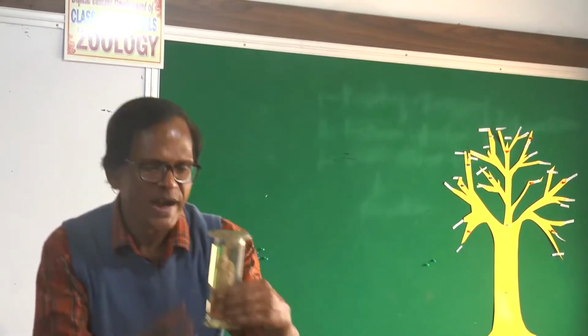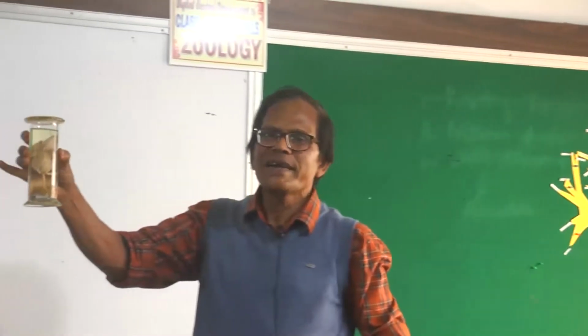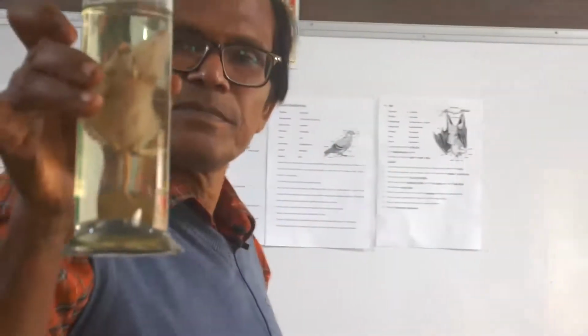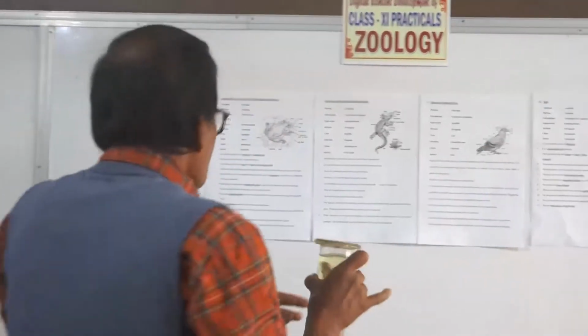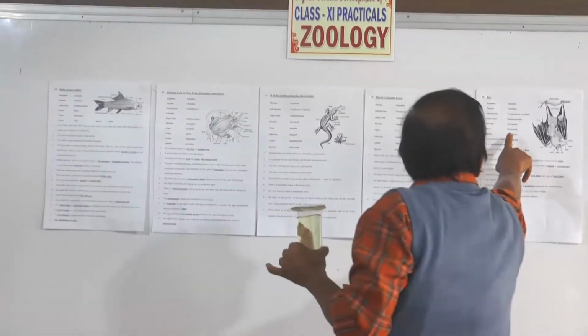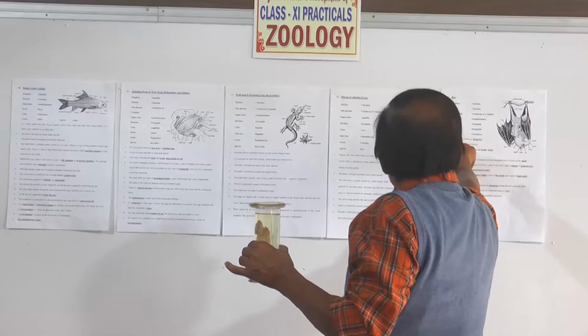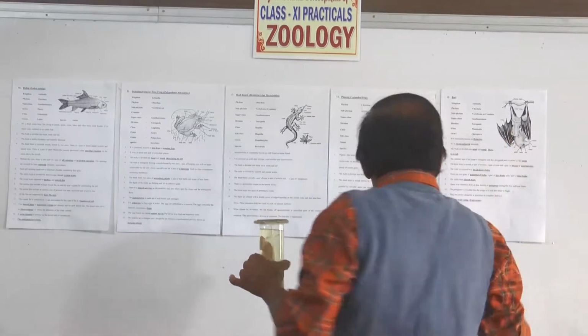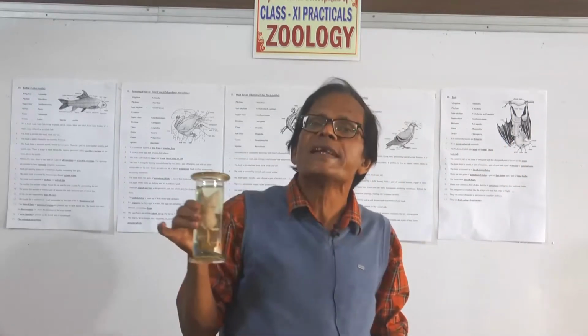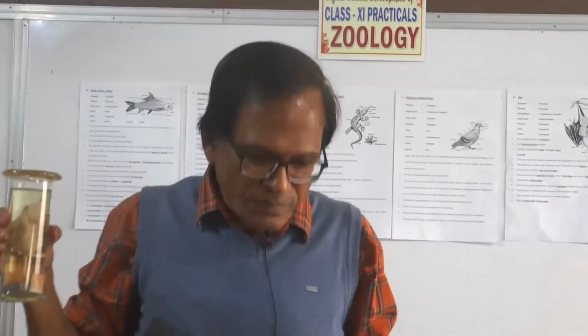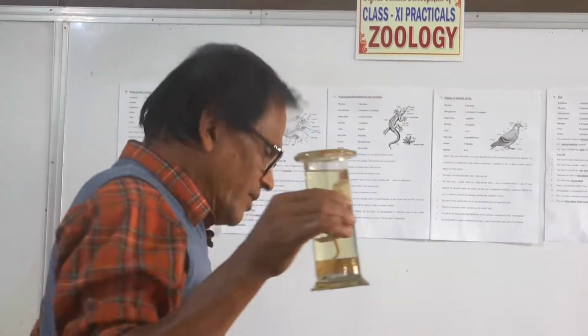Then this is a white rat. This is a mammal. This belongs to the class Mammalia. Its order is Rodentia.